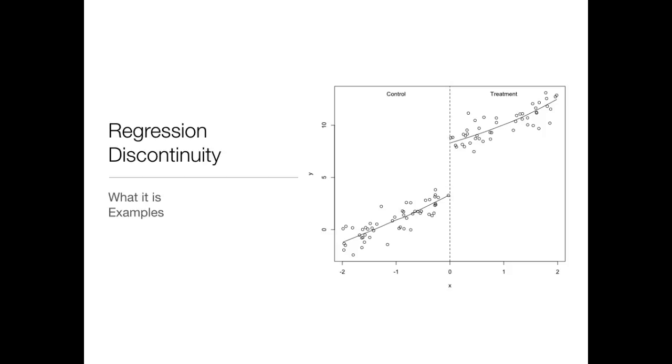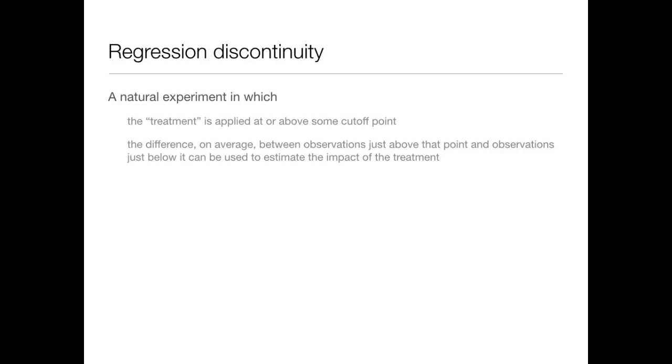Really, what it's all about is looking for the discontinuity, which is, as you can see in this diagram, a break between a control group and a treatment group that shows up as significant on a plot. Now, what is a regression discontinuity design?